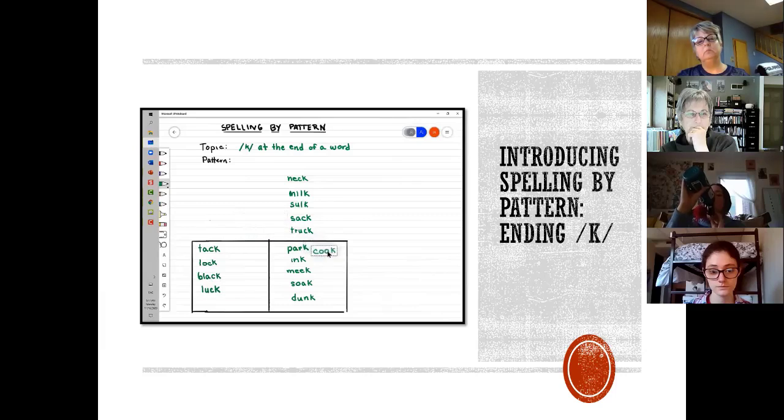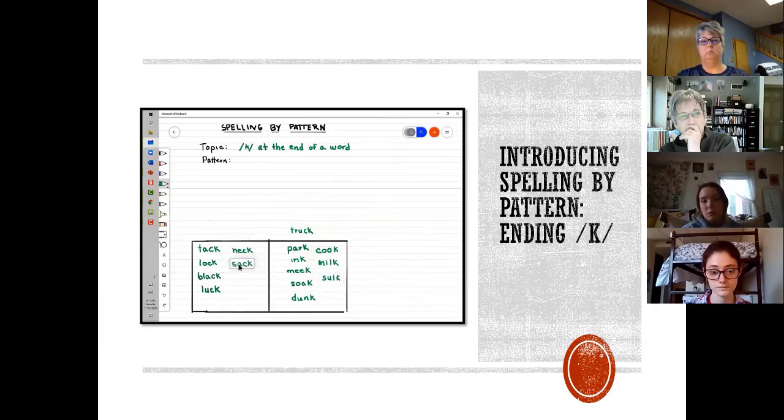Cook will go on the right. Net goes on the one on the left. Milk on the right because it ends in K. Sulk ends in K, so it goes here. Sack goes on the left. And truck goes on the left.